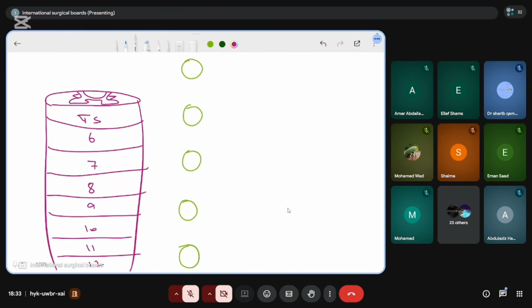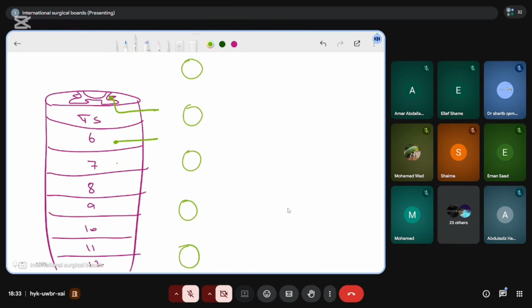Now, splanchnic nerves. What's the meaning of splanchnic? The word splanchnic in Greek means viscera, like stomach, small bowel, heart, lungs, anything contained in your body cavity. So when you say splanchnic nerve, you mean a nerve that supplies viscera.